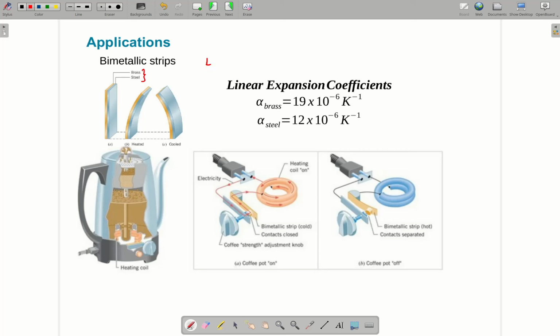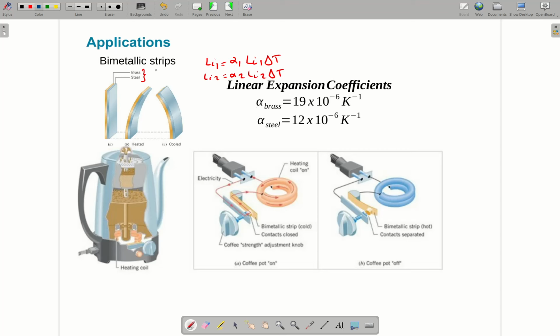So if they have the same initial lengths, but when I heat them, one will have expansion of alpha 1, L initial 1, delta T. So if I heat them the same amount of delta T, right? And one has a higher expansion coefficient than the other, it will be expanding more.